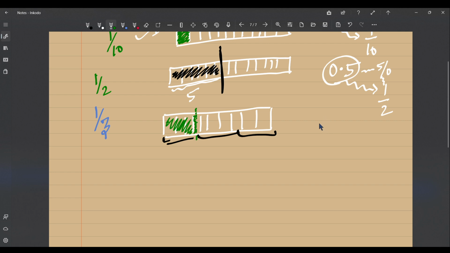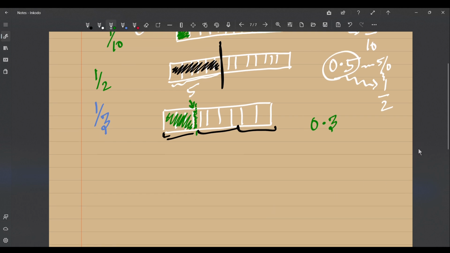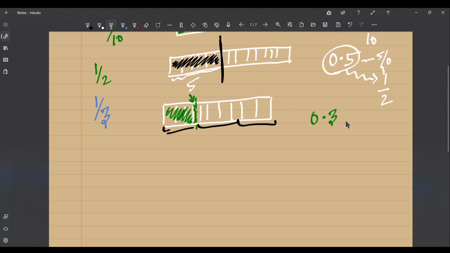So this is 0.3, but not quite, because there's a little part of the rectangle next to it still left in my approximation. So this is just an approximate result. So I'll say 0.3 is actually not quite 1 over 3.